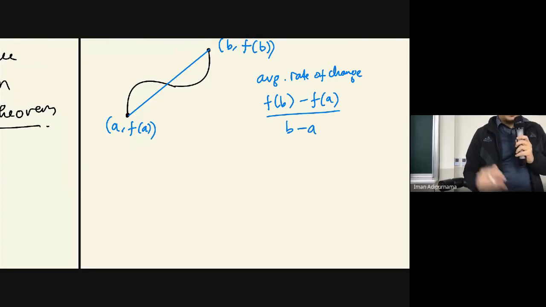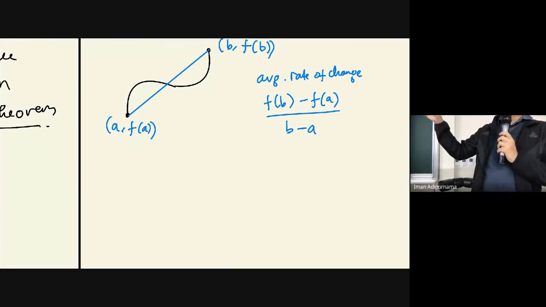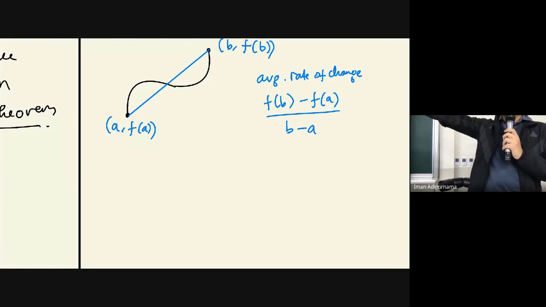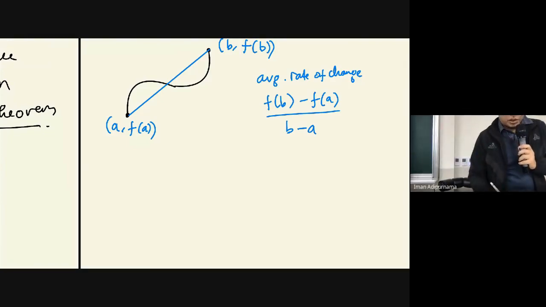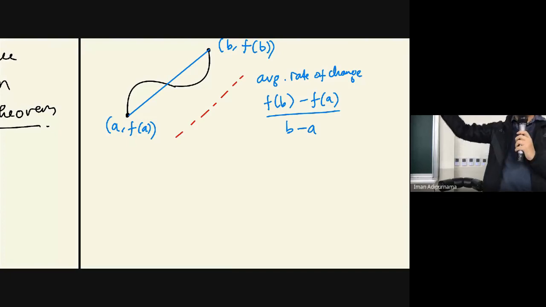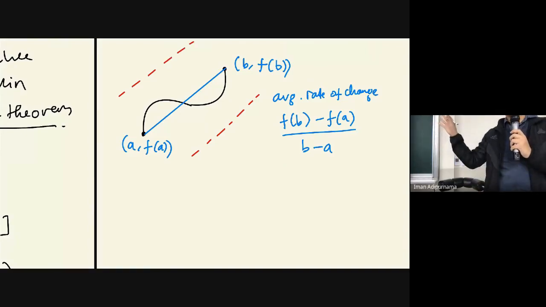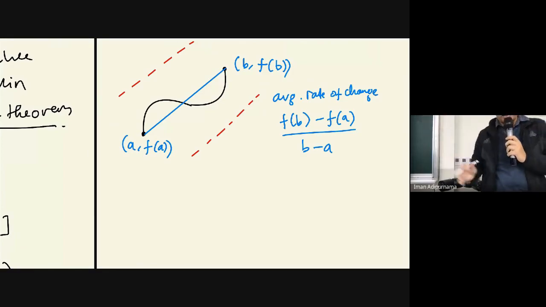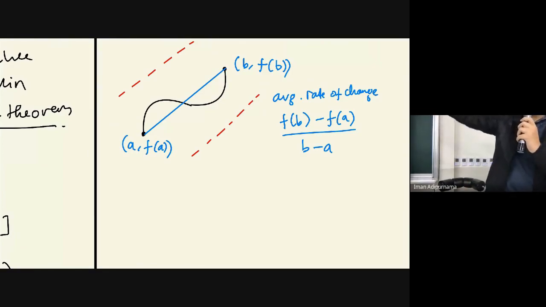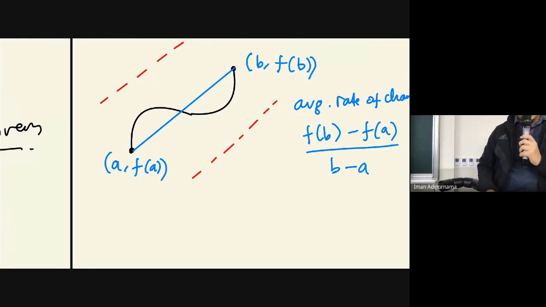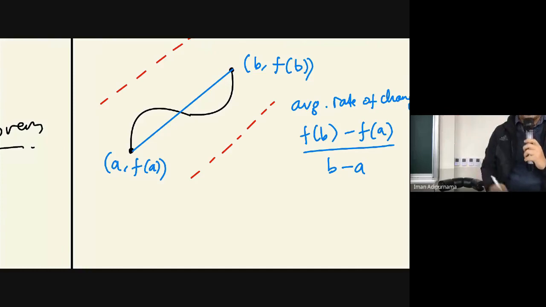Now, to prove this, let's draw a line parallel to the average rate of change. I will draw maybe here. Let's say this is parallel to that line. I'm also drawing here so that I can prove that you can approach this formula from anywhere. See the red dashed line. Imagine you can move this line.